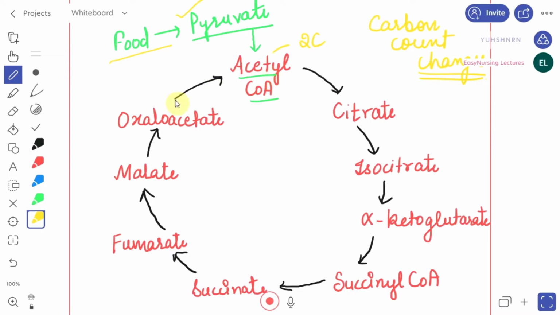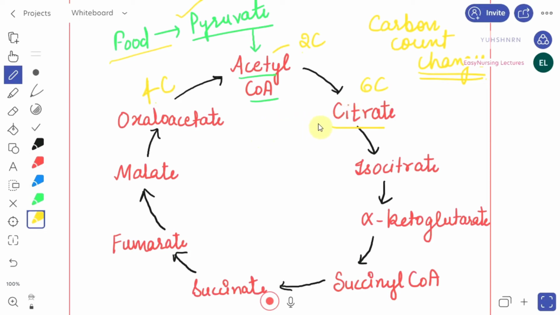And oxaloacetate, which is the last part, because the Krebs cycle moves from here and oxaloacetate will be the last product of the Krebs cycle, is a 4 carbon product. Okay, so you know that oxaloacetate combines with acetyl CoA in order to form what? Citrate. So basically when 4 carbon plus 2 carbon join together, this will make a 6 carbon product.